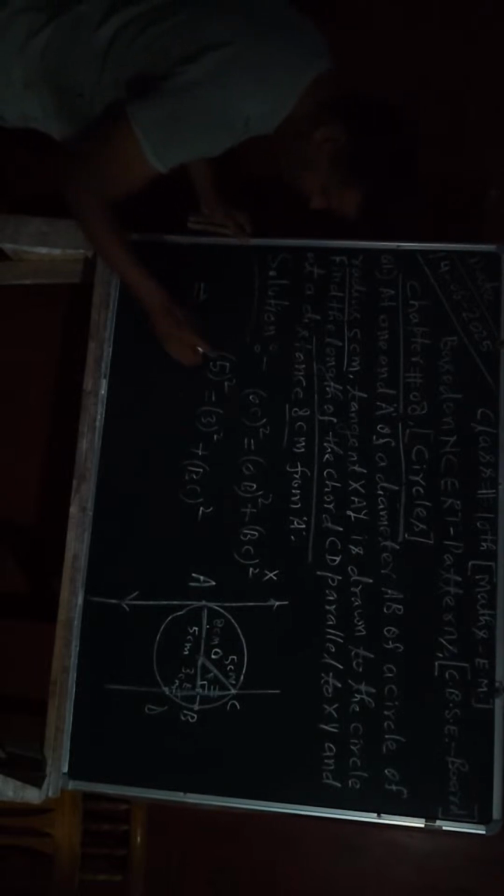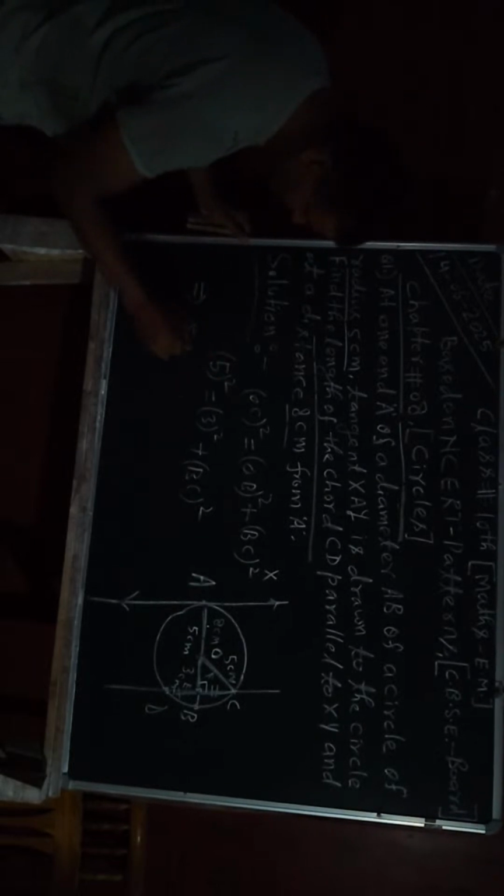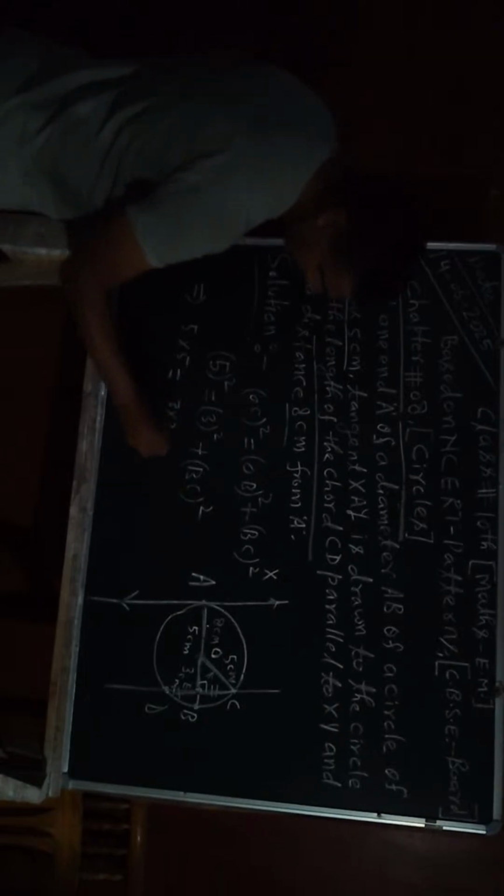So here 5 square, I will write 5 into 5, which is equal to 3. In the place of 3 square, I will write 3 into 3. Now here BC square is given, so I will put it here because we have to find its value.